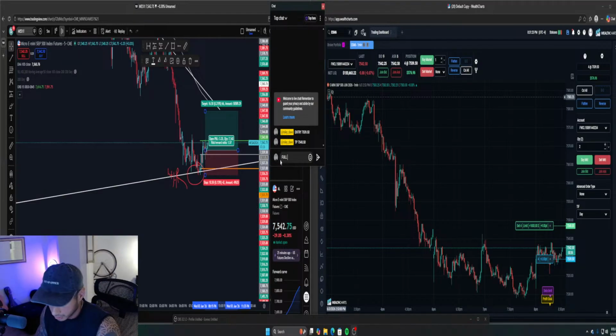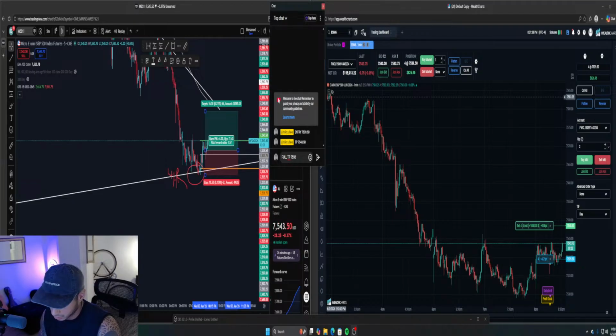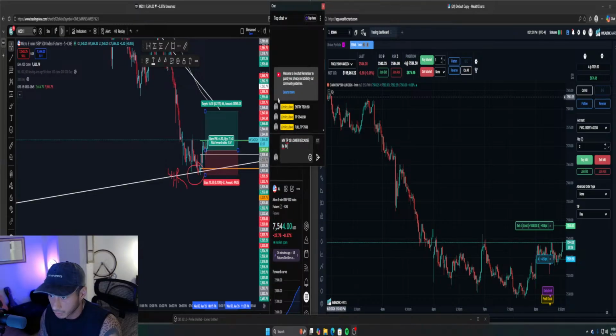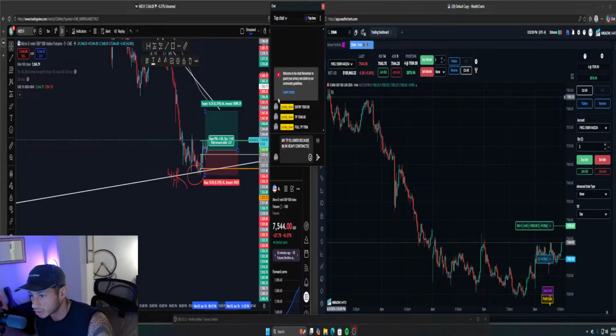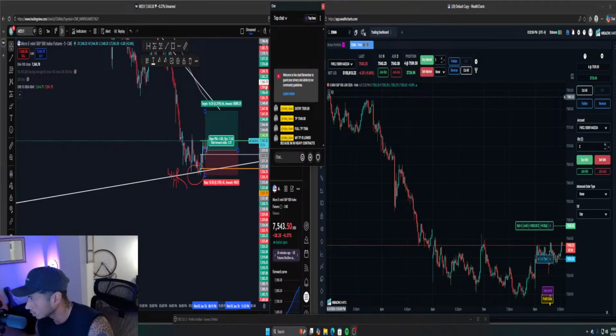Full TP 75.56. Currently up $1,000 on this trade, guys. $1,000 in profit already.